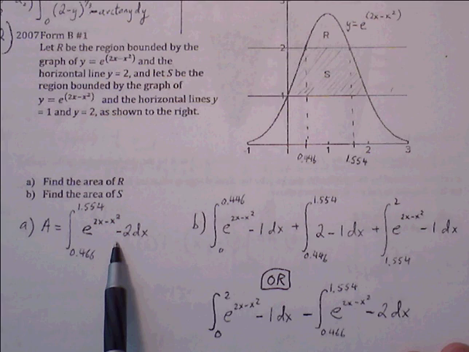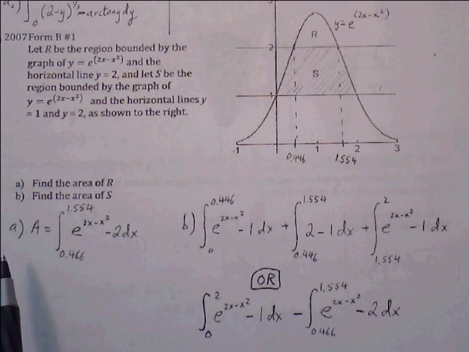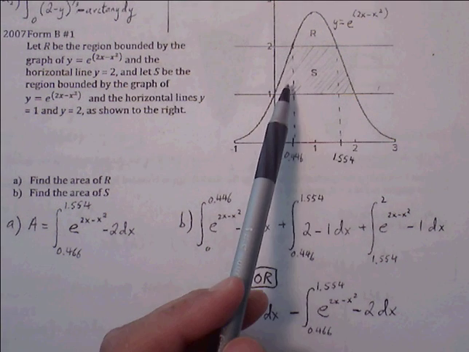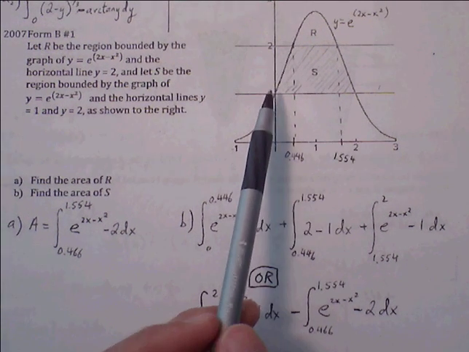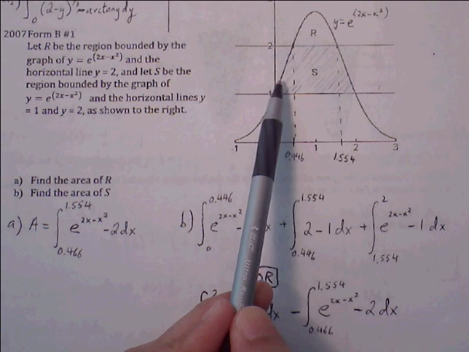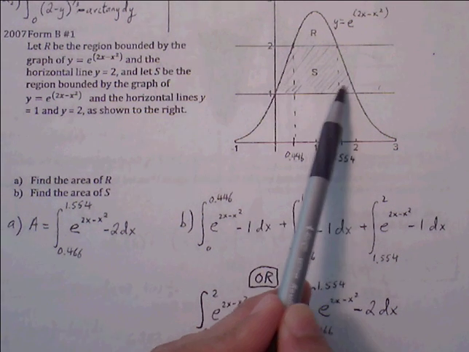So we have an area equation there, and then we plug that into our calculator to find the area of R. Okay. For part B, if I want to find region S, there are two ways we can do this. We can split this up into 3 separate regions and then do top minus bottom for each of the regions.